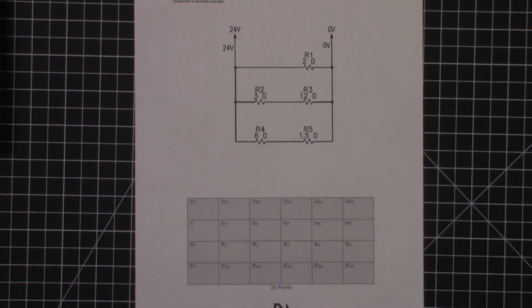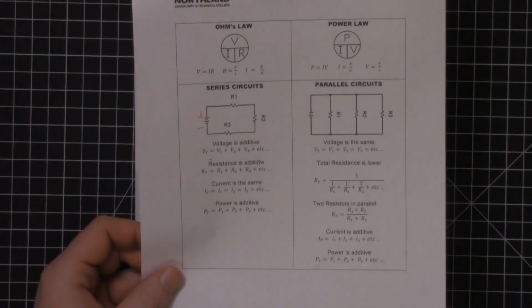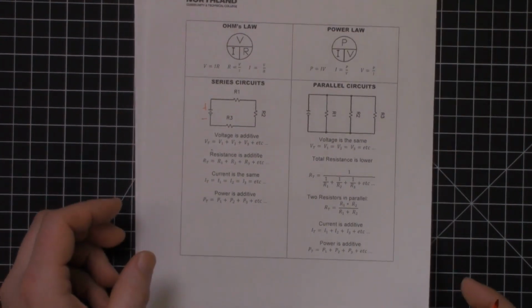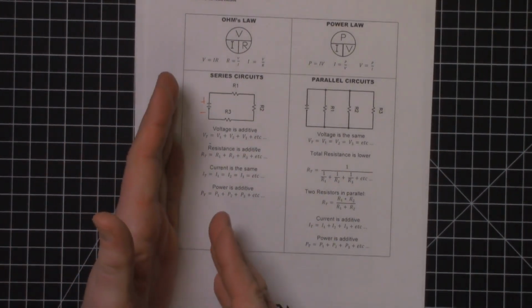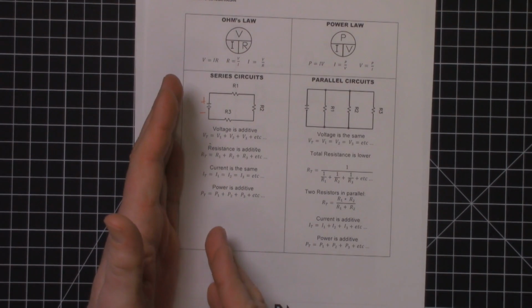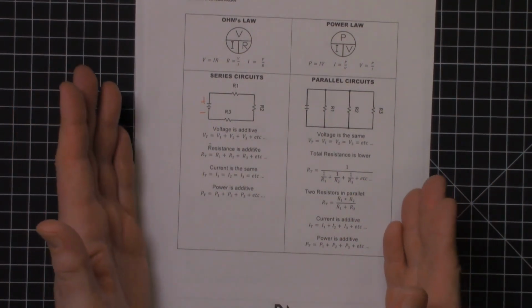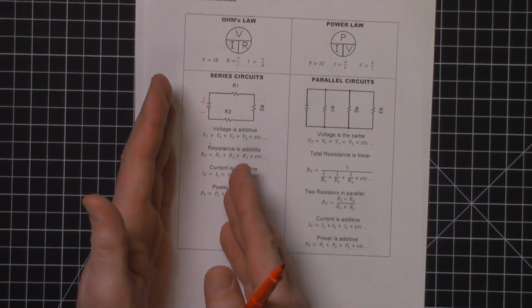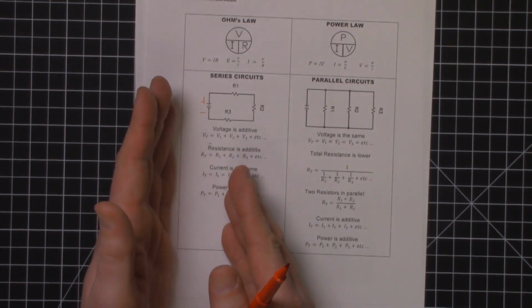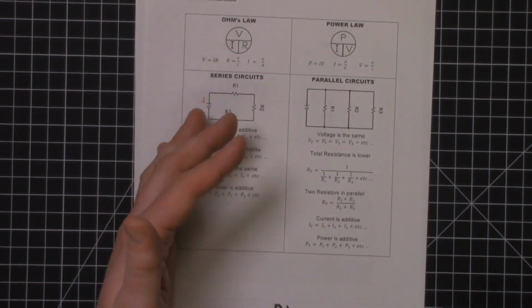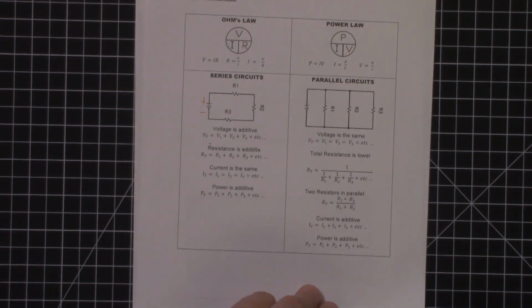The key thing that we need to know is that when we look at the formula sheets that we've provided, there are no series/parallel circuit analysis formulas. You can only use either the series formulas for those elements that are connected in series, or the parallel formulas for those elements that are only connected in parallel.